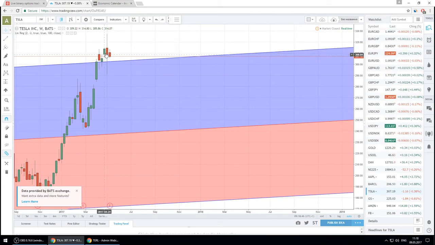We see that this candle has both long down shadow and up shadow. And currently the direction of the price has changed for the opposite. So right now the market moves down.